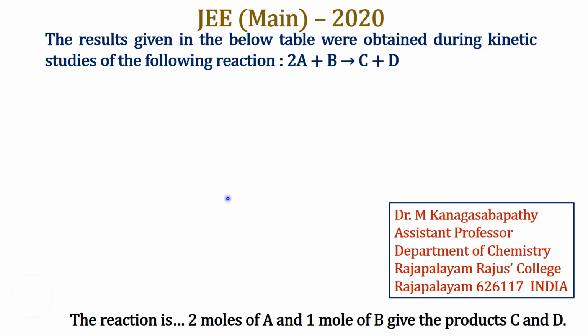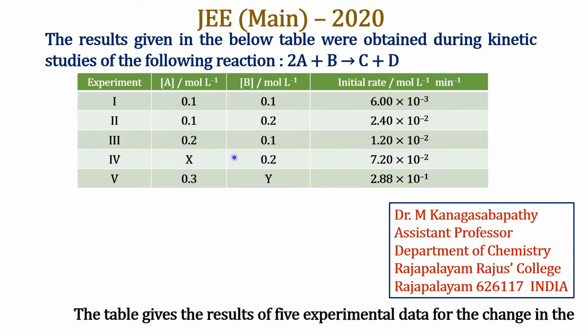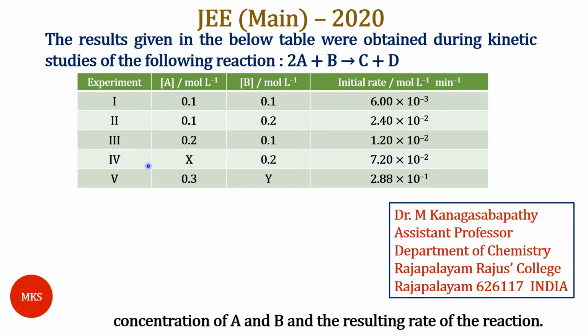The reaction is 2 moles of A and 1 mole of B giving the products C and D. The table gives results of 5 experimental data for the change in the concentration of A and B and the resulting rate of the reaction.